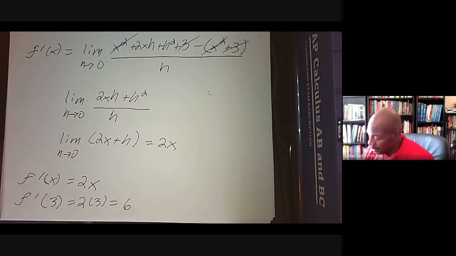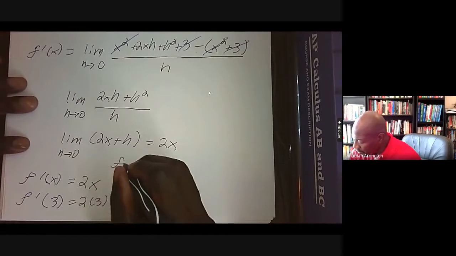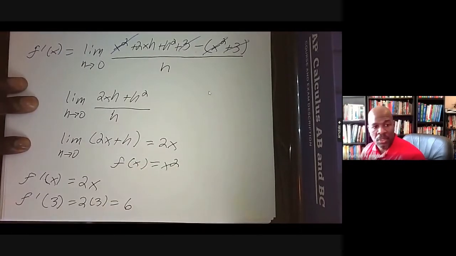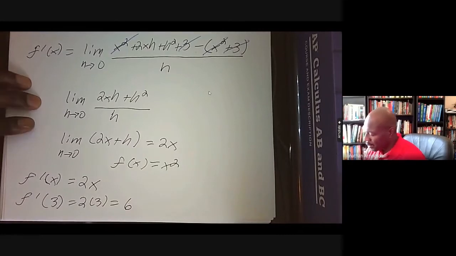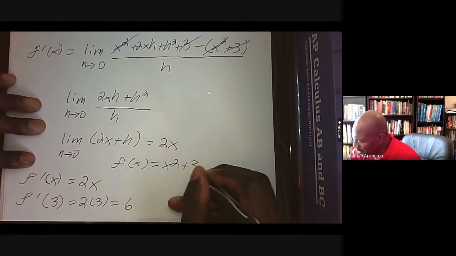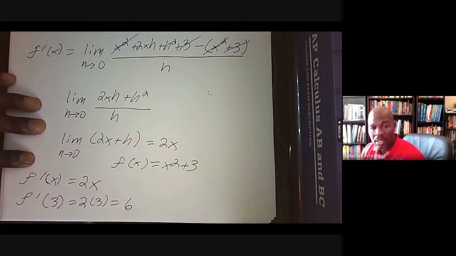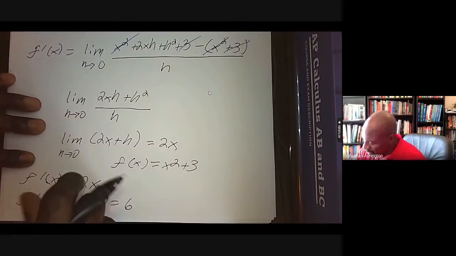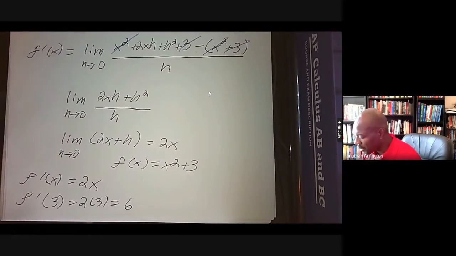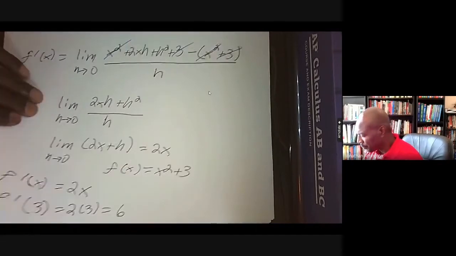But anyway, our original function was x squared plus 3, and its derivative was 2x. I'm pointing that out because you just want to compare the derivative to the original function each time you find one. Let's do another example.